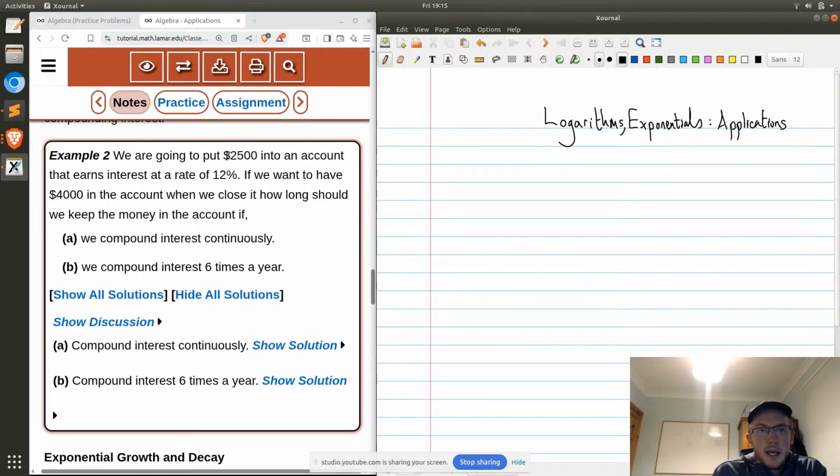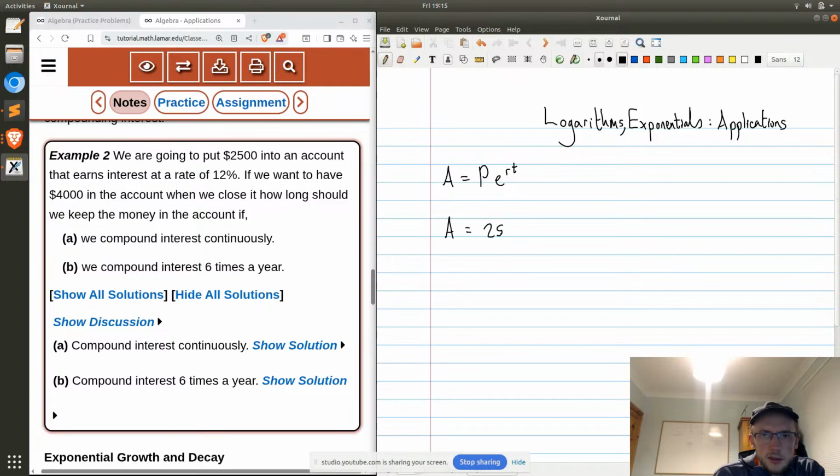So there's P, the principal amount. It's put into an account that earns an interest rate of 12%, so 0.012. If we want to have $4,000 in the account when we close it, how long should we keep money in the account if we compound interest continuously? All right, so it's this equation, isn't it? That's like the account.